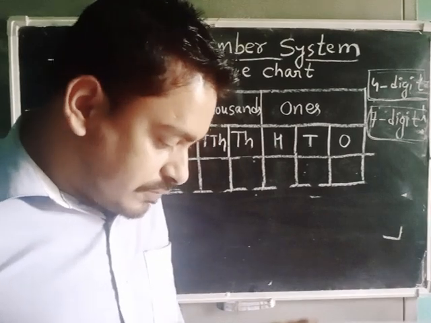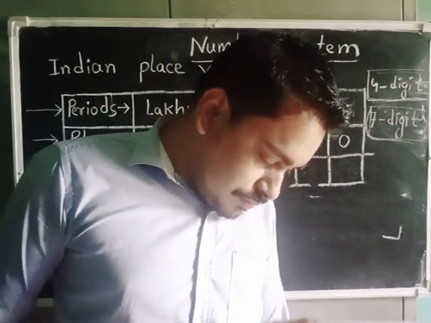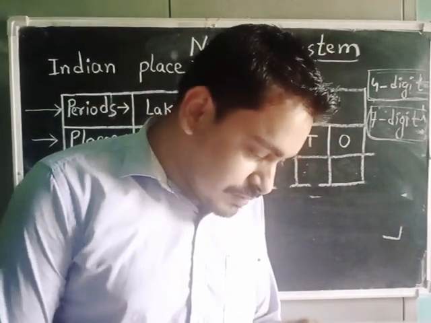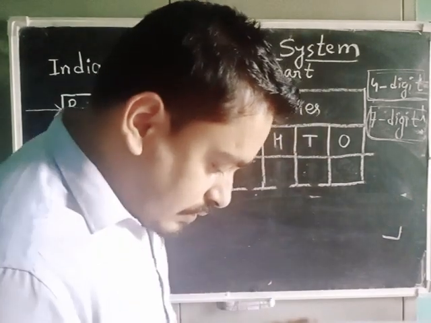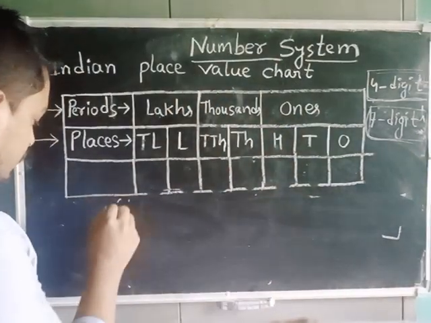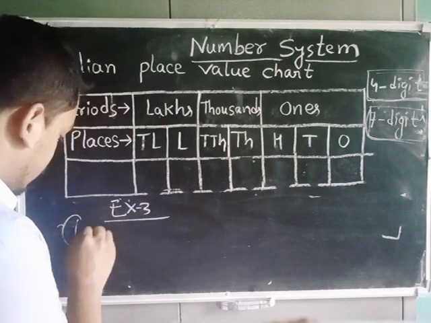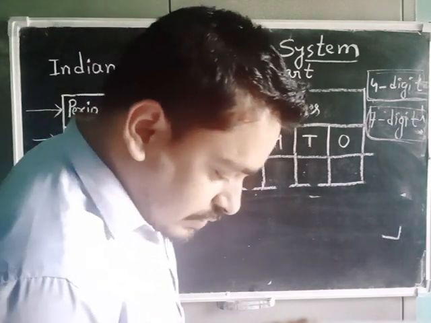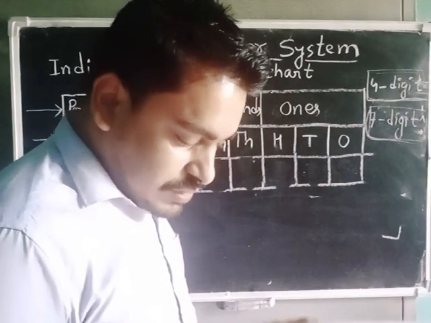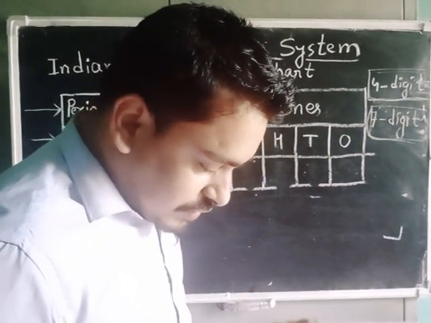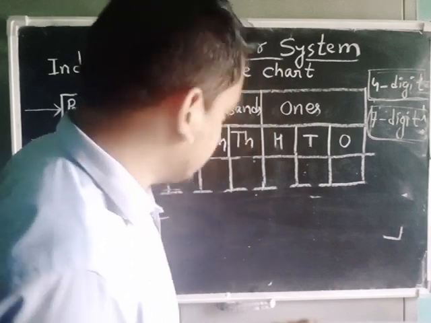So if you go to page number 22, that is exercise 3, then you will find out exercise 3 in first question. It is telling, arrange the following number in the Indian place value chart and then rewrite them with commas at the right places.